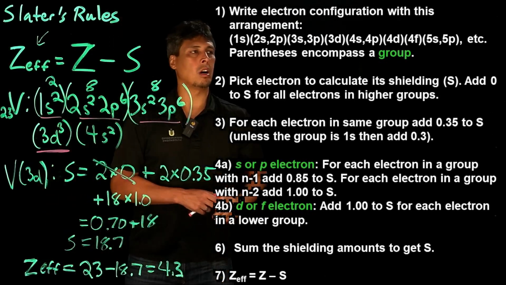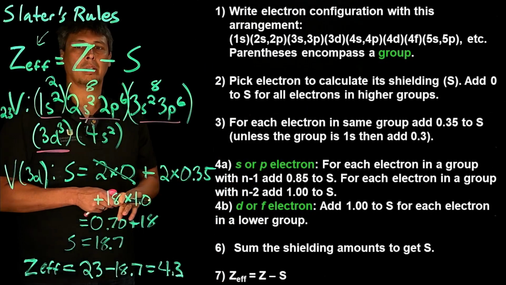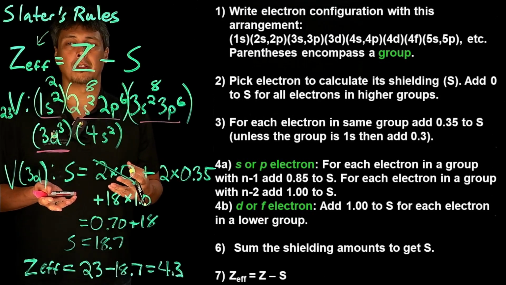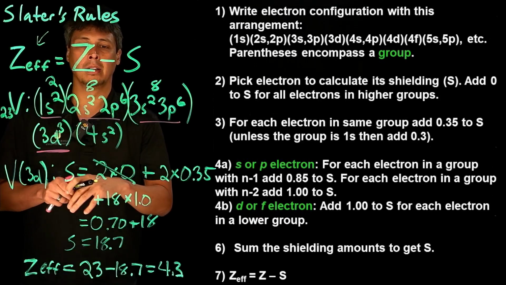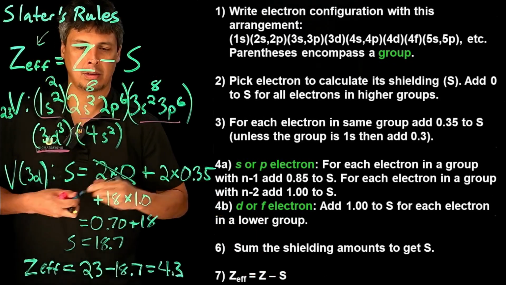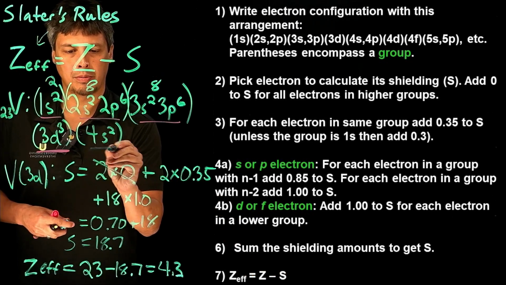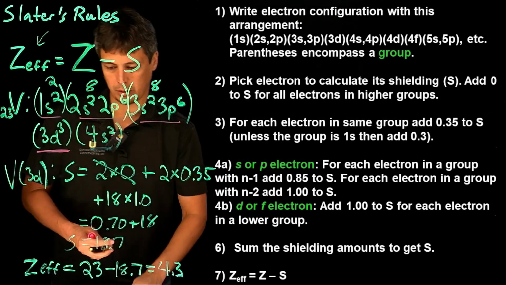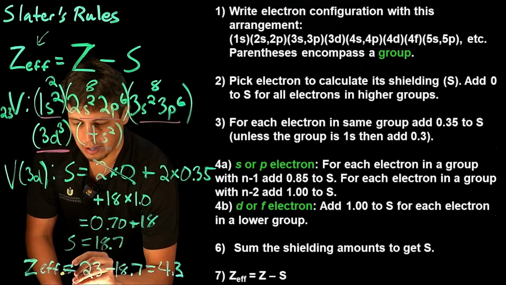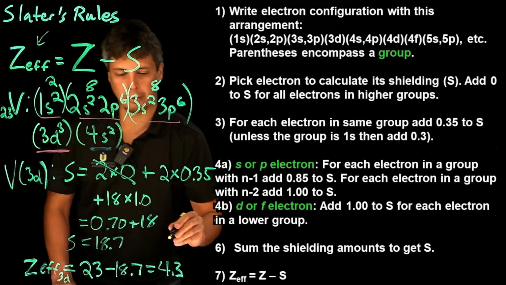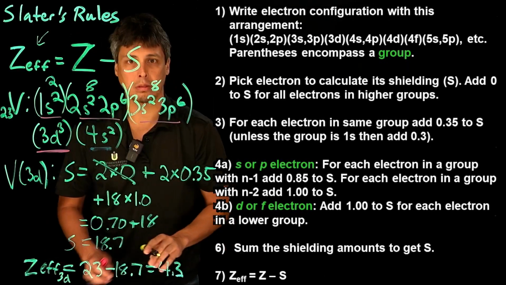All right. So on your own, try to calculate the Z effective for an electron in a 4s orbital. So this is Z effective for a 3d. On your own, try to do it for a 4s, and you have the answer on the slide.